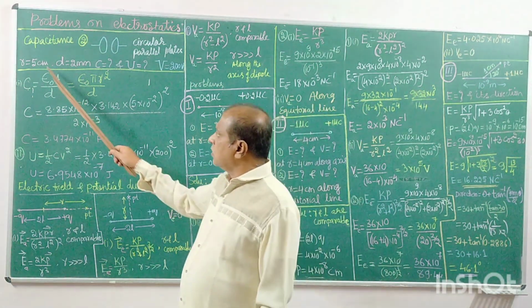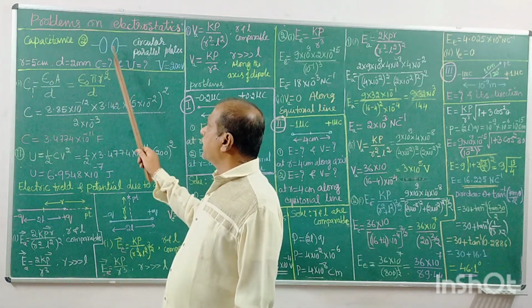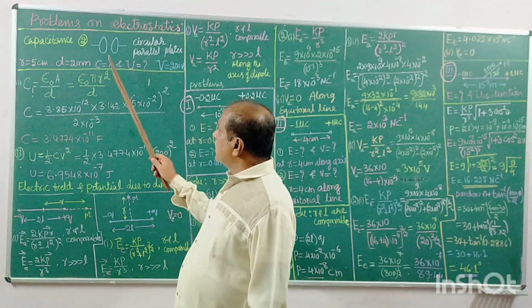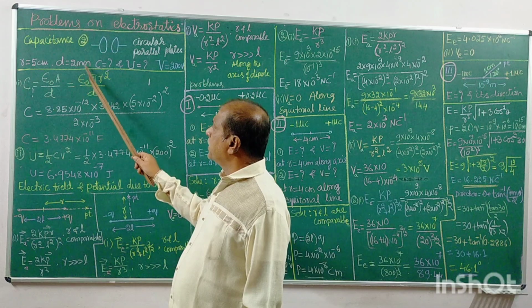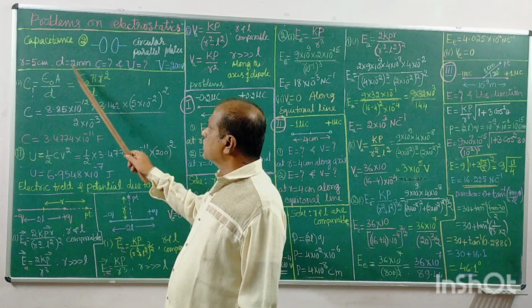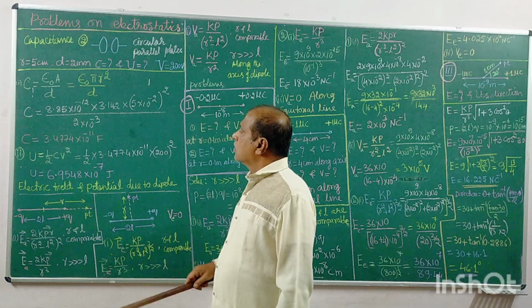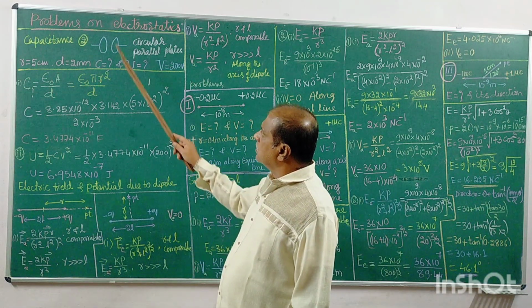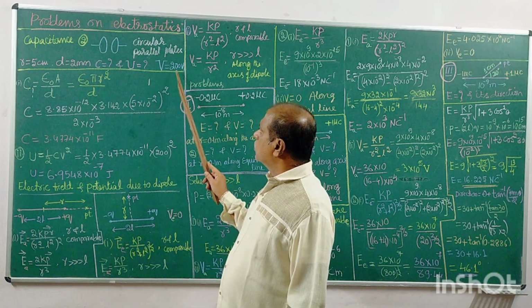The radius of the plate is 5 centimeter, and the distance of separation between the plates is 2 millimeter. That is, D stands for distance of separation. And the potential applied between these two plates is 200 volt.